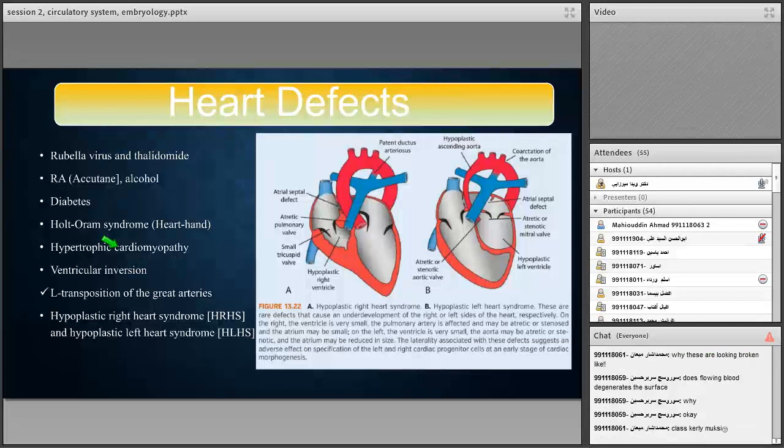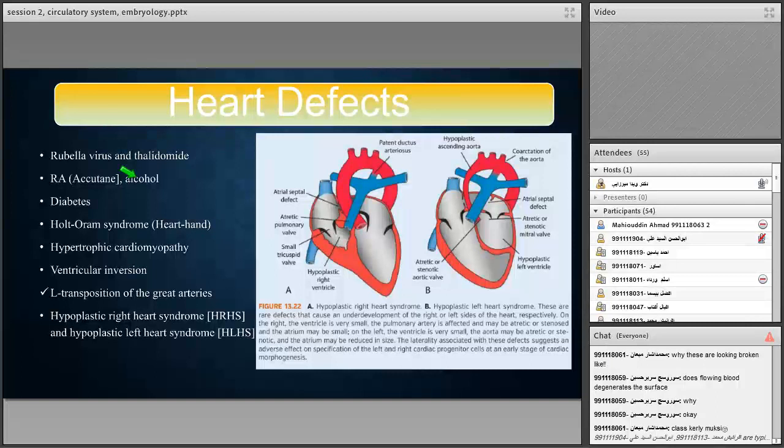Also, for example, some drugs like Accutane. Alcohol also may affect it.